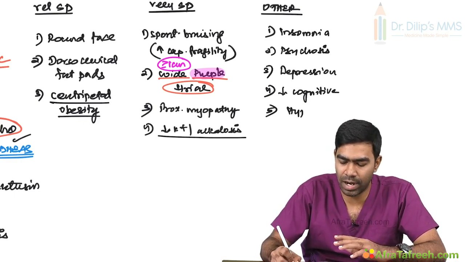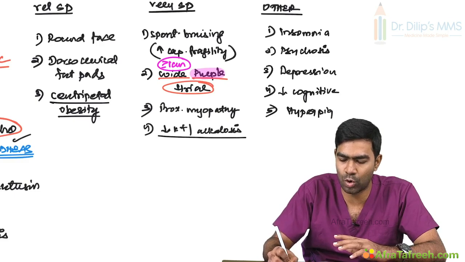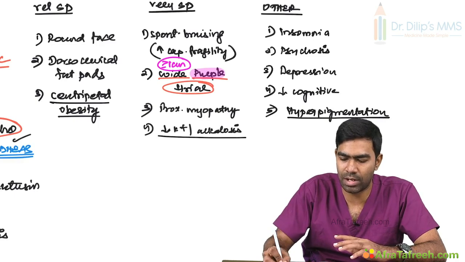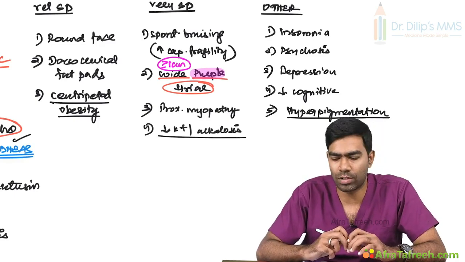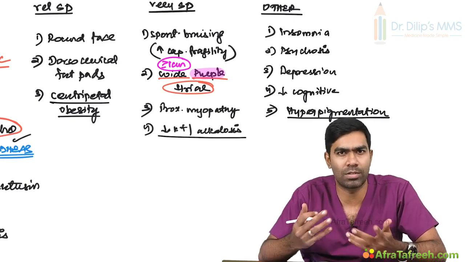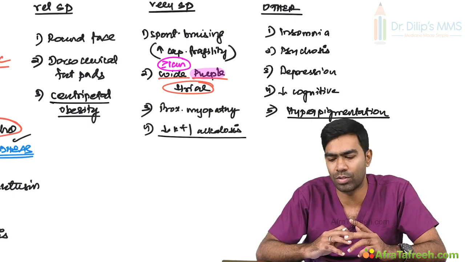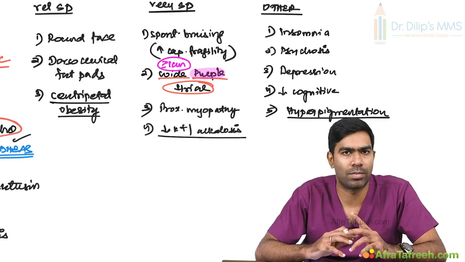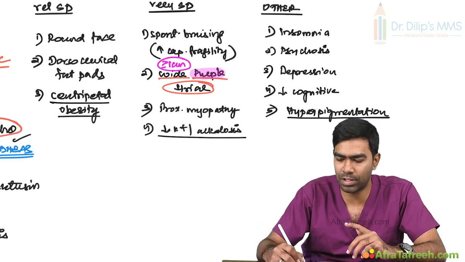And patients may develop hyperpigmentation, and this happens only in those individuals who have ACTH-dependent Cushing syndrome. Because of excess ACTH, they might develop hyperpigmentation. ACTH doesn't come alone, it comes along with MSH from the pituitary, so that might cause melanocyte stimulation and hyperpigmentation. Hyperpigmentation you will usually see in the sun-exposed as well as non-sun-exposed areas, but when you see it in the non-sun-exposed areas, that is relatively more specific to ACTH excess and MSH excess.